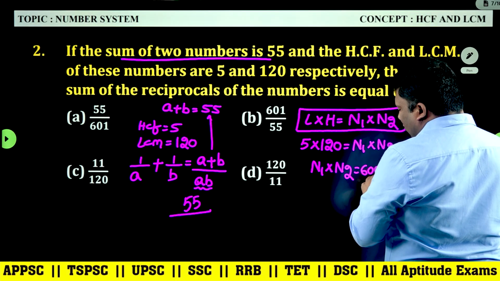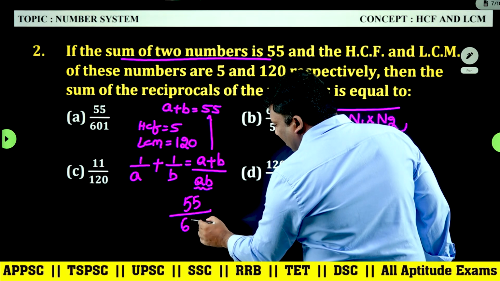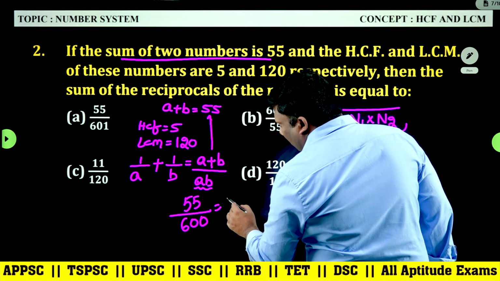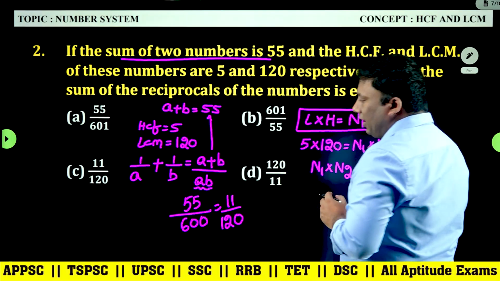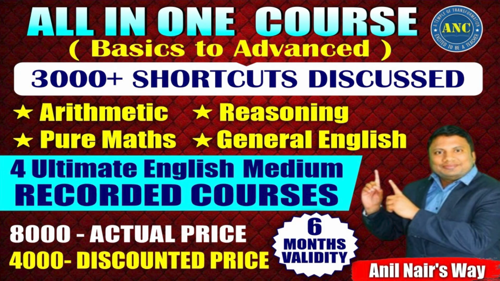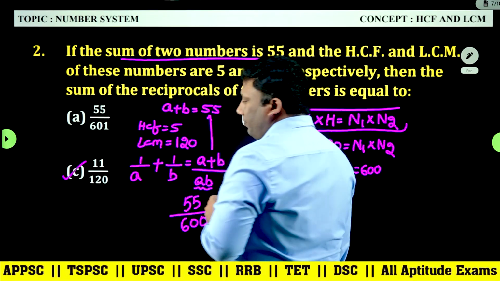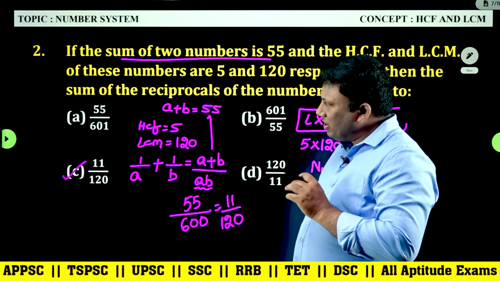So the answer is 55 by 600. 5 is common, so 11 by 120. Option C.